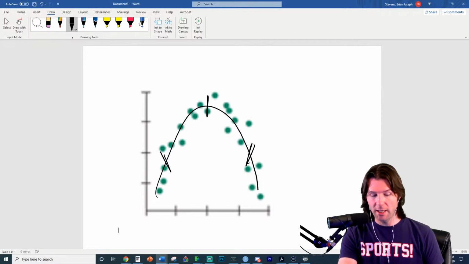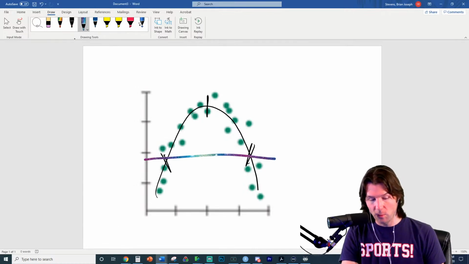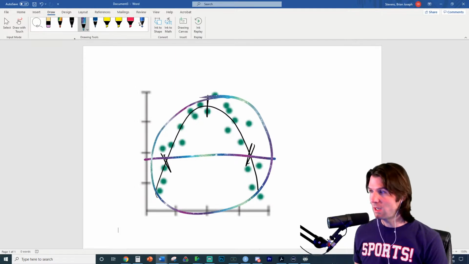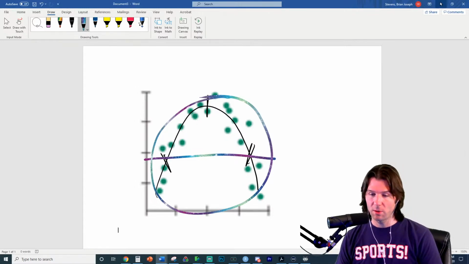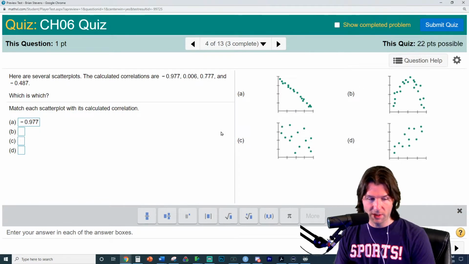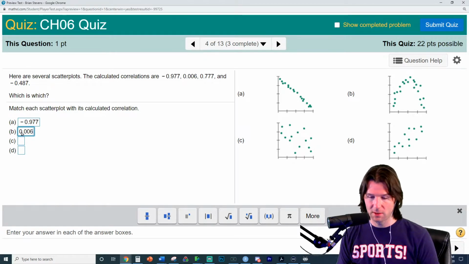It's pretty tight around the form. But if you look at it as a linear relationship, it's very weak, and you can test the linear by drawing around it, and you can see that there is basically no linear correlation here. There's some sort of parabolic form to it, but the linear correlation would be close to 0, which means we choose the correlation that's closest to 0 for this one, and answer B is going to be 0.006.